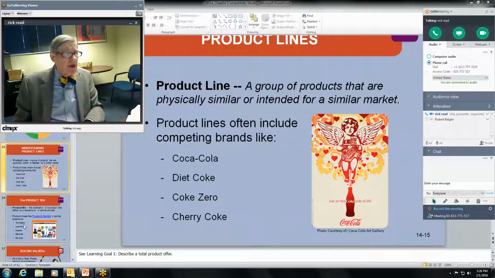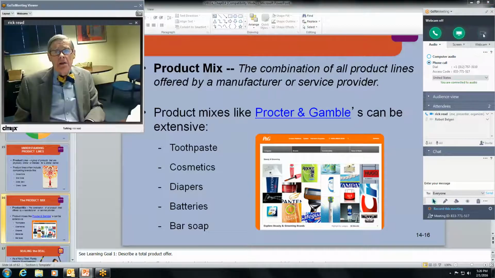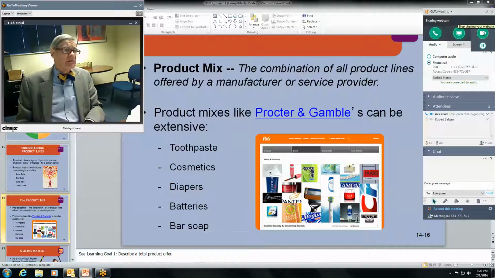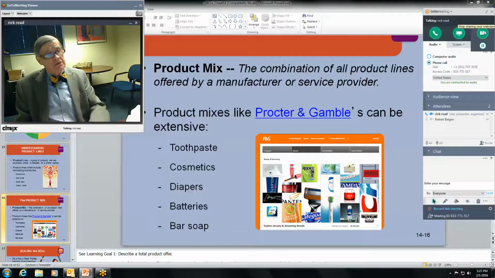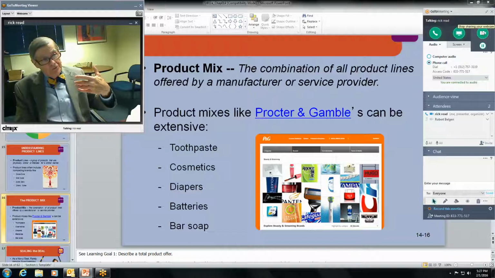That's a product line. A product mix, on the other hand, is something much different. And notice there they talk about the consumer giant Procter & Gamble, which has its home office here in Cincinnati. And these are notice a different number of products, or different types of products, or different kinds of products. But in general, they are to the same market.